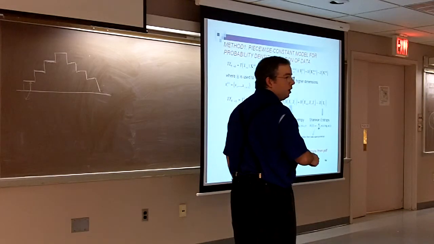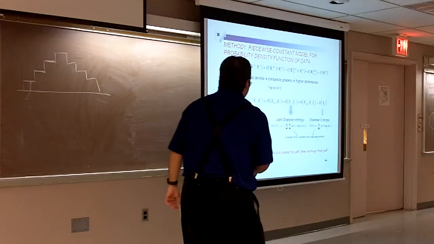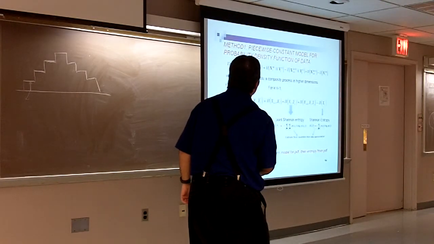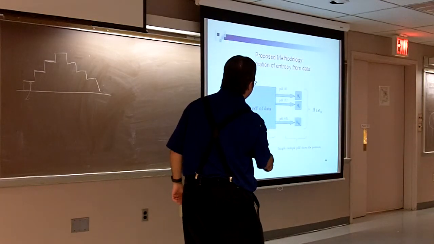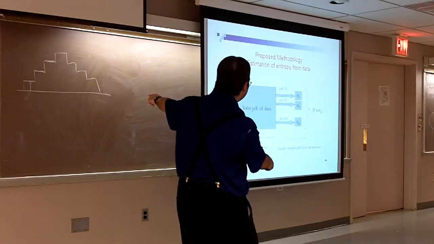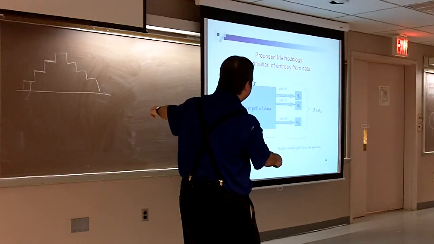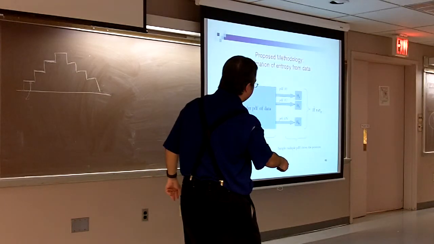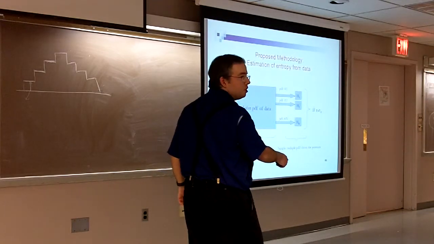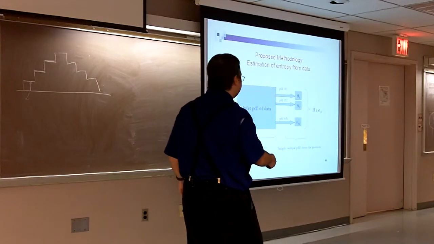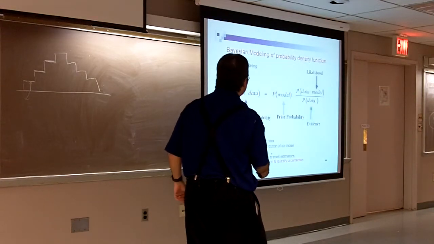That's the thing that I explained just here. Infer the PDF of data, sample PDFs, estimate the entropies, and obtain the mean and standard deviation. Okay, so I'm skipping this.